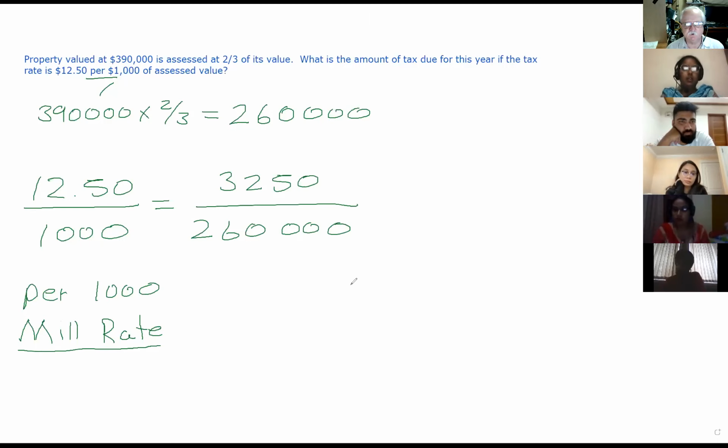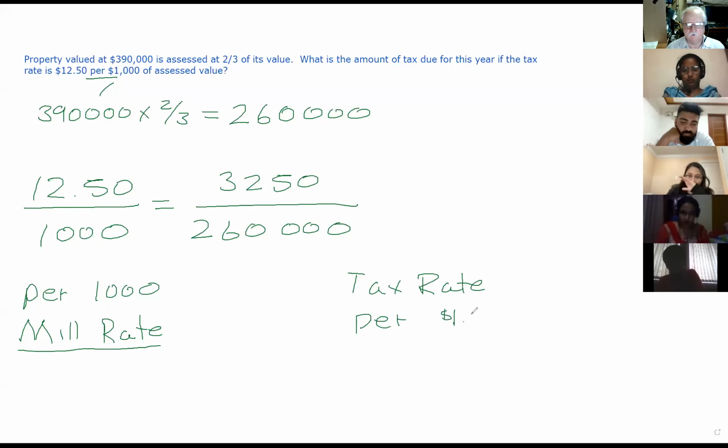So if they just refer to the tax rate, then it's usually per $1, and then you just multiply this by the value.